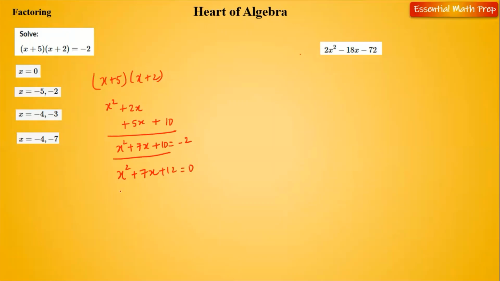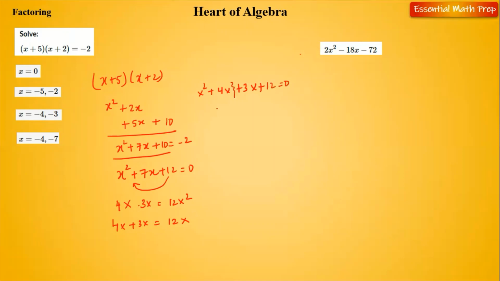How do I get 12x squared? At the same time, I also want 7x. Now, the only way you would do it is 4x times 3x, which gives you 12x squared. That means 4x plus 3x equals 7x. So I substitute this in place of 7x, which gives me x squared plus 4x plus 3x plus 12 equals 0.